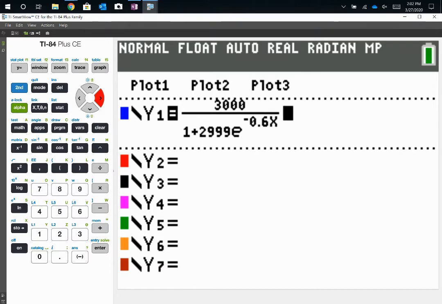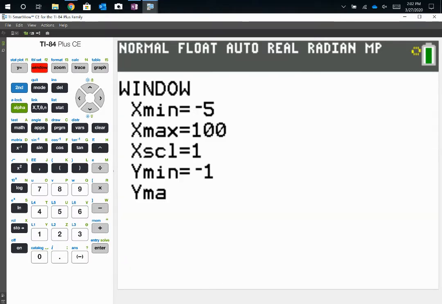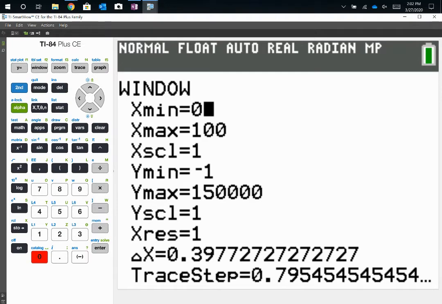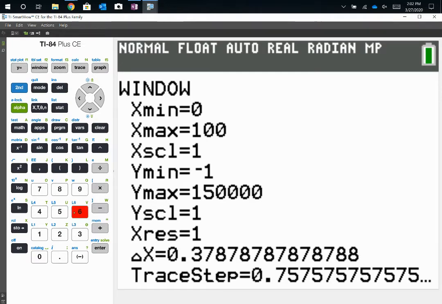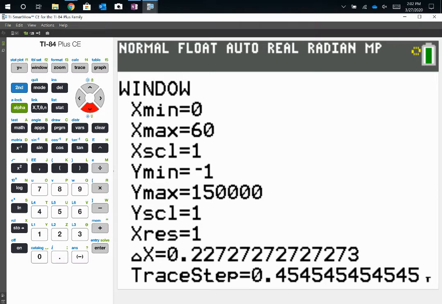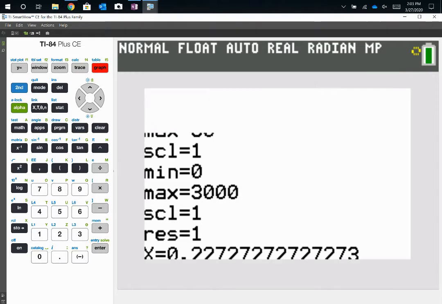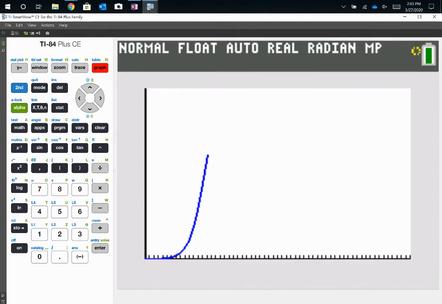Now, I want to go ahead and fix the window given what they gave us here. This should be 0. Then they told us the maximum x value is 60. 0 to 3000. And graph it. And you can see that nice S-shaped curve for the logistic model. Notice instead of a J, now it comes out to be a nice S-shaped graph.